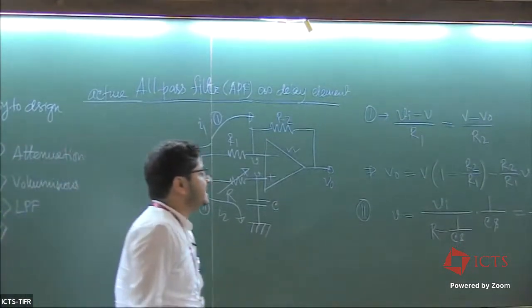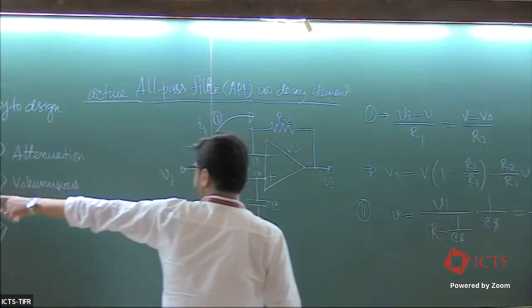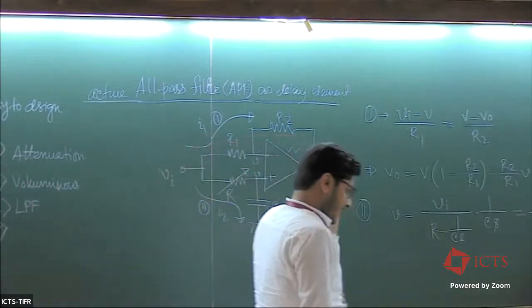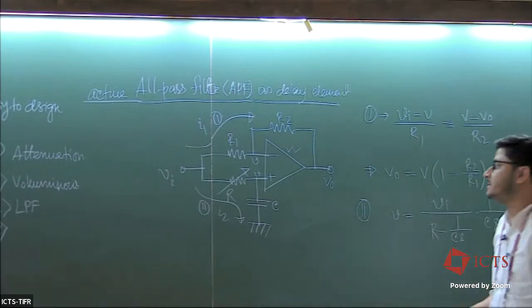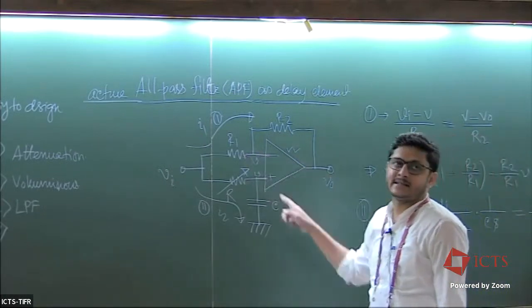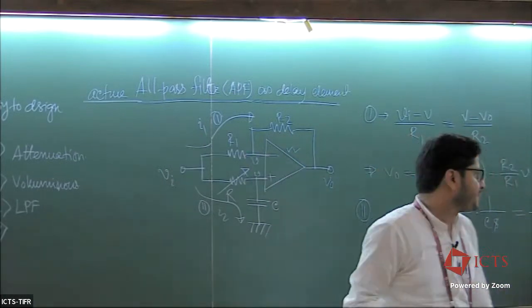Obviously, that is a physical limitation, but that is more than an LCL block. And you can design this in IC very easily because only op amp, resistance and capacitance are employed.